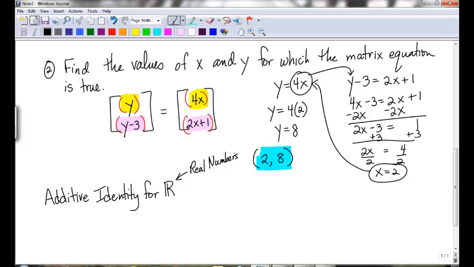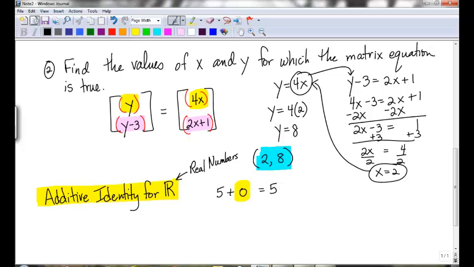The additive identity for real numbers. Example, 5 plus what number brings you back to 5? 0. 0 is the additive identity for real numbers. If I said 9 plus what number brings you back to 9, it's 0.